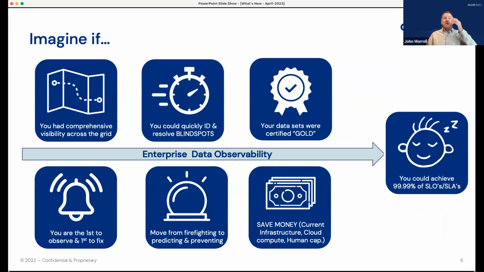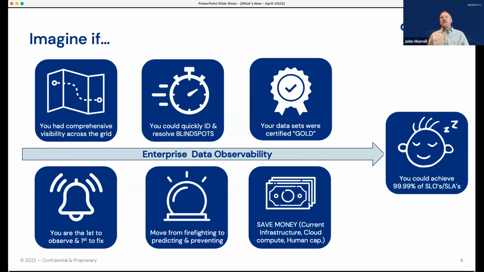So imagine if you were able to have a platform that could do all of these things for you. So you have a complete 360-degree view and visibility across your entire grid or your entire data stack. You could quickly understand your blind spots, see issues inside of your blind spots, and resolve problems inside of there.